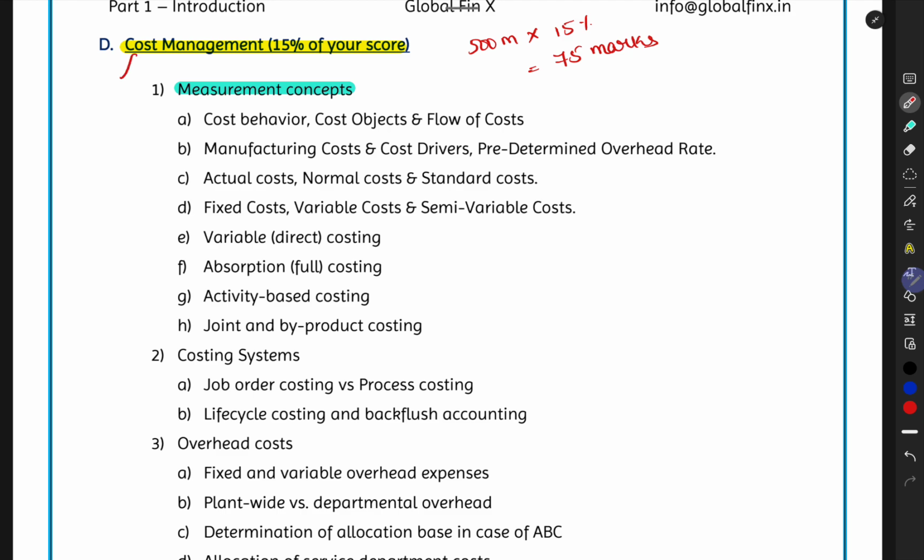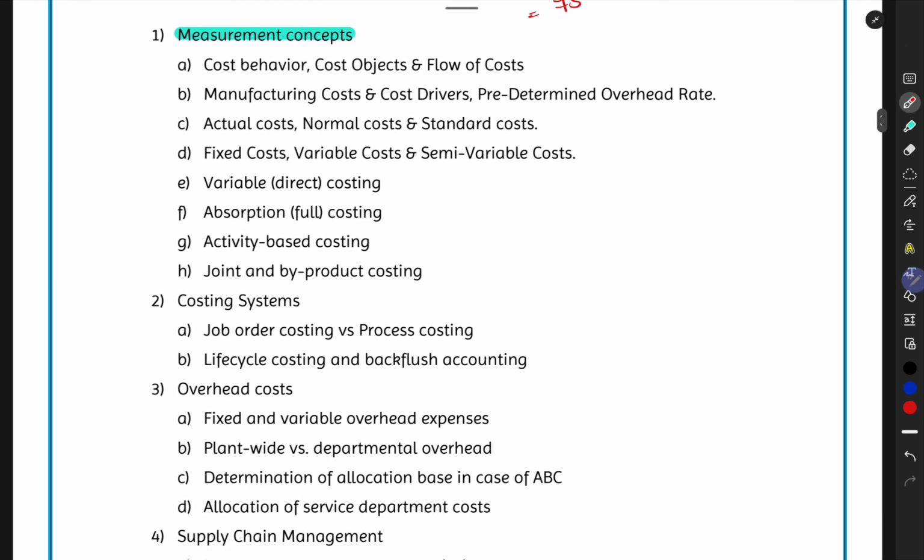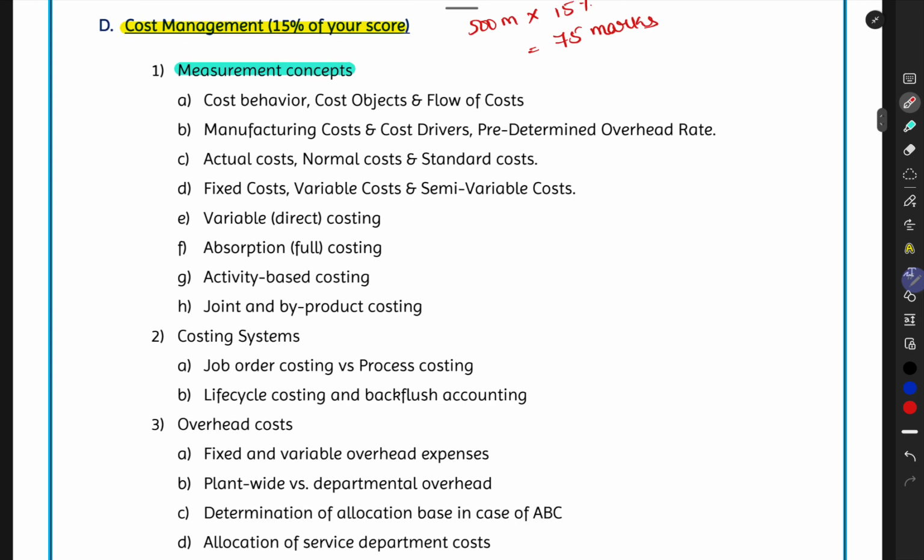See, cost management. Suppose imagine you started a restaurant, a food joint or whatever you want to call it. In that restaurant, if you want to know about the pricing, let's say you are selling chow mein noodles, or ramen, or, let's say, Hyderabad's favorite, biryani.